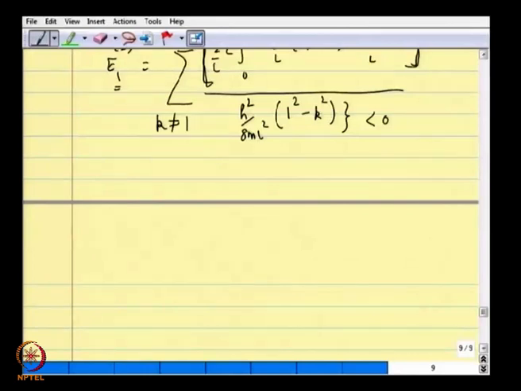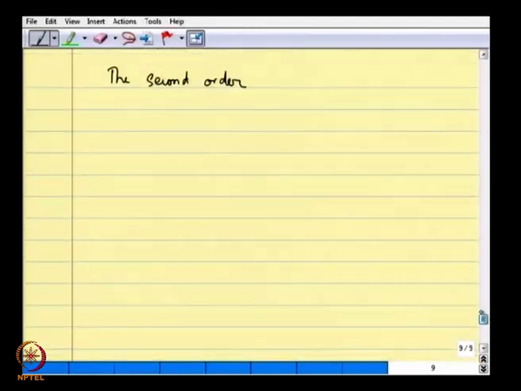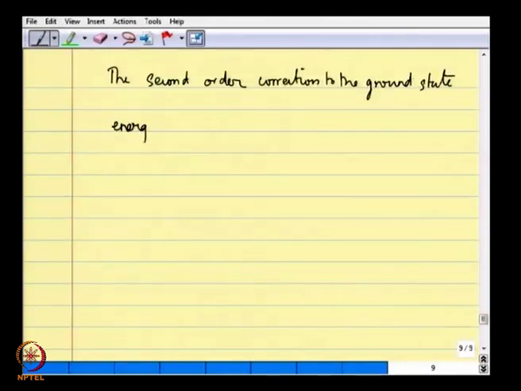The result can be more general. The second order correction to the ground state energy due to perturbation theory.